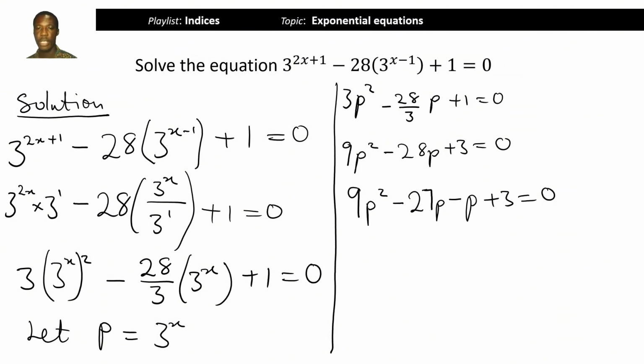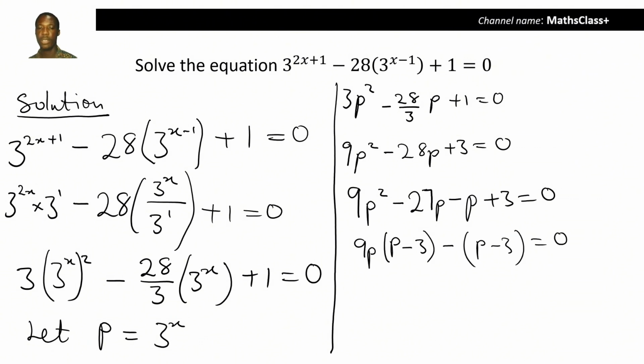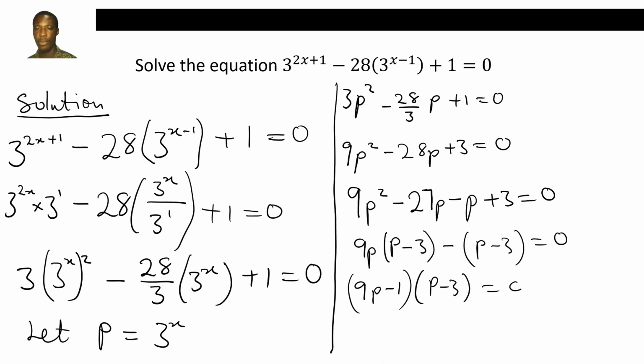So we take the first two and then we factor out 9p, we will get p minus 3. Then for the second two, we factor out negative 1. That will give us p minus 3 equals 0. So we have 9p minus 1 multiplying p minus 3 equals 0.